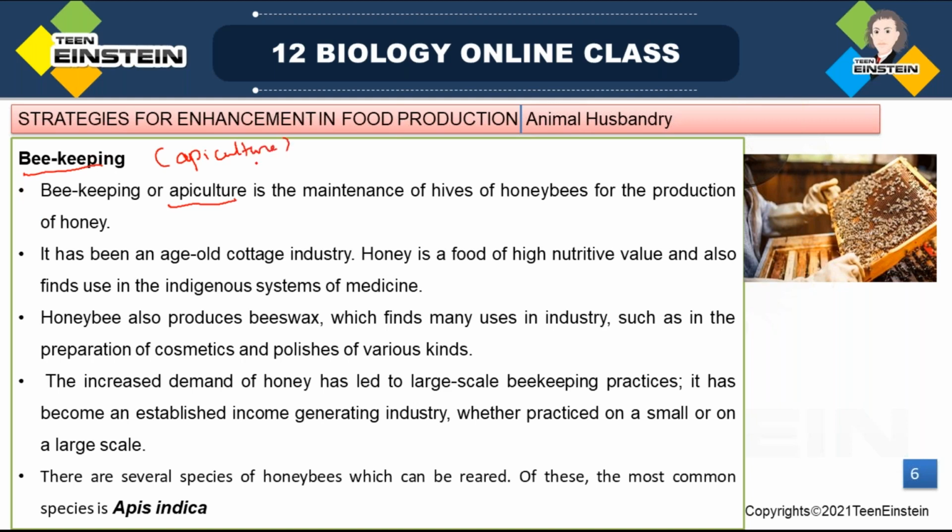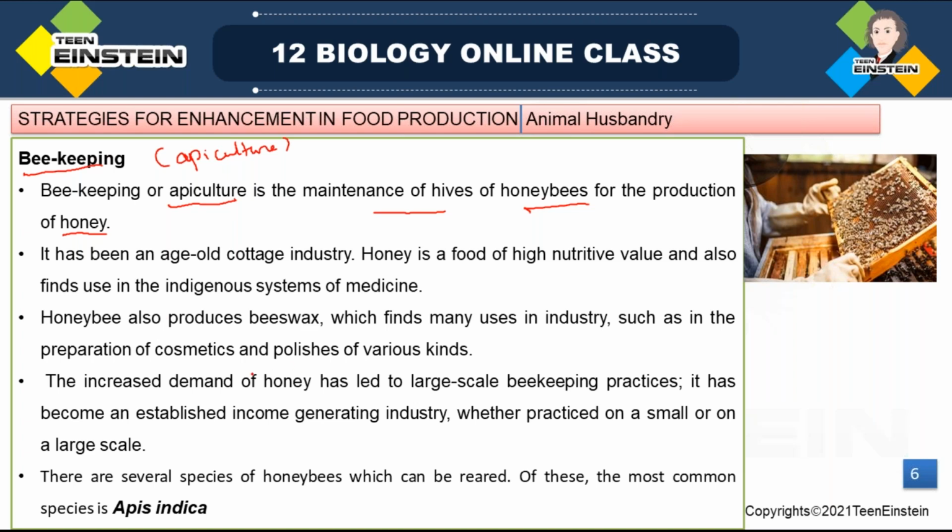Apiculture means the maintenance of hives of honeybees for the production of honey. Through this, they can maintain the quality of honey.